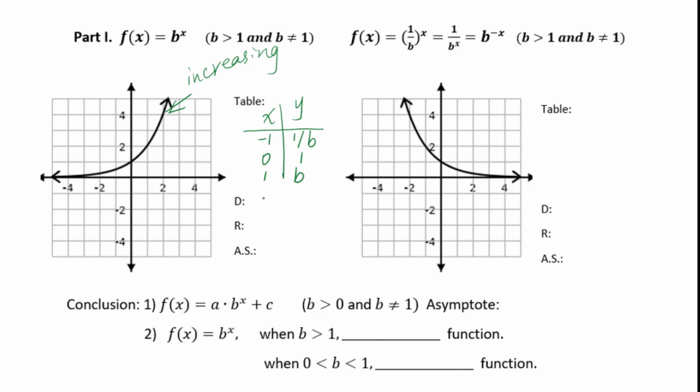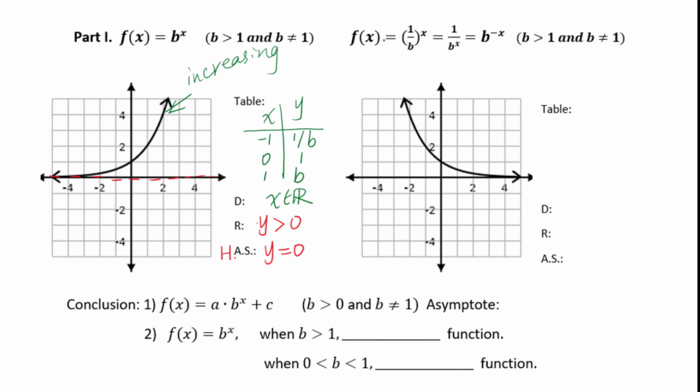For the domain, x is all real numbers. The range, y greater than 0. There is a horizontal asymptote line here. y equals 0 is a horizontal asymptote line.